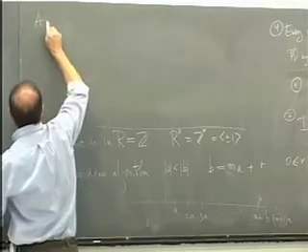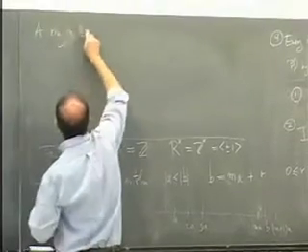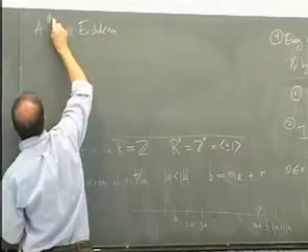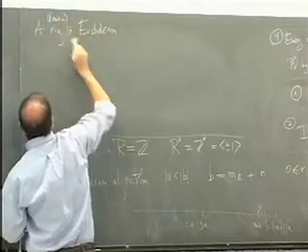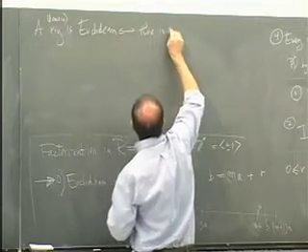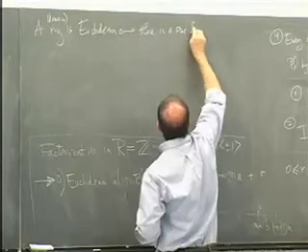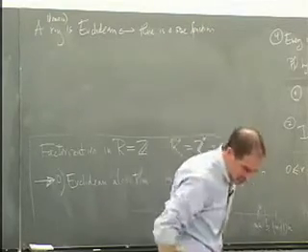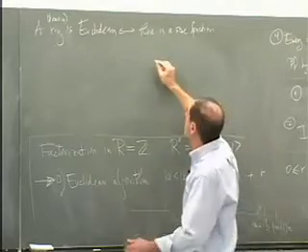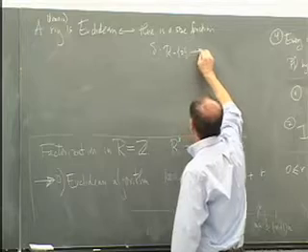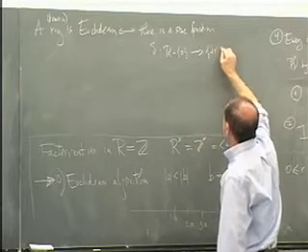A ring is Euclidean, well, actually a domain, everything now is a domain, is Euclidean if and only if there is a size function. I'll call it delta, from the elements of the ring which are non-zero, to the positive integers.